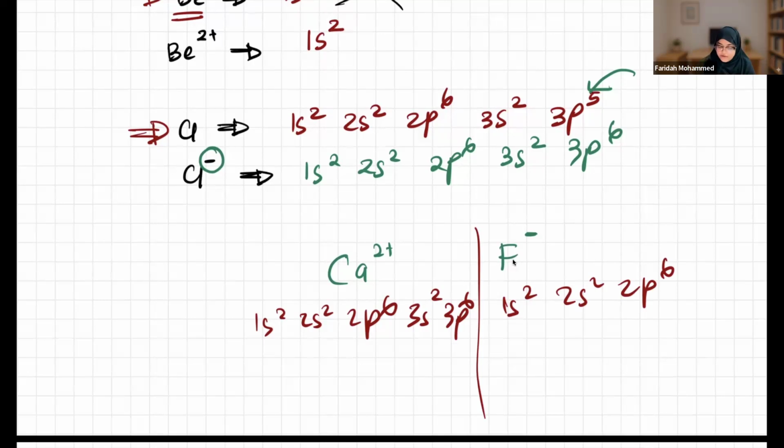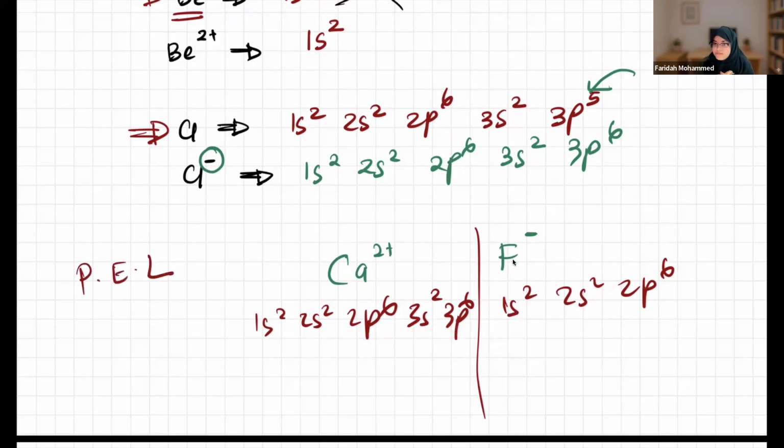If you write down the configuration, that is still fine, but you have to explain. So you want to say that calcium 2 plus has 3 shells. Do you guys know what's the fancy word for shell? Principal energy level.